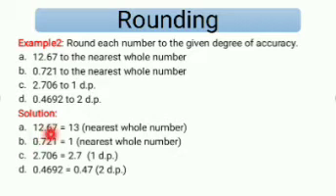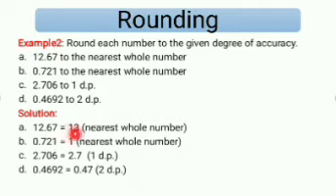The last digit of the whole part here is 2. The number to the right of 2 is 6, and 6 is greater than 5. Increase this 2 by 1, and we turn the remaining numbers to zeros. If you increase 2 by 1, you are going to get 3. So this one is equal to 13.